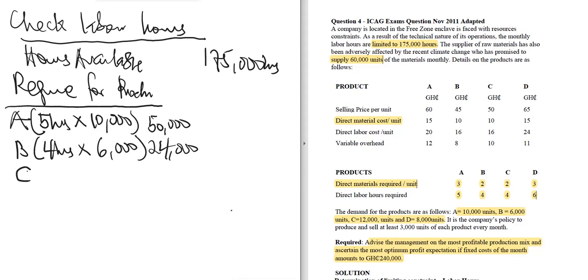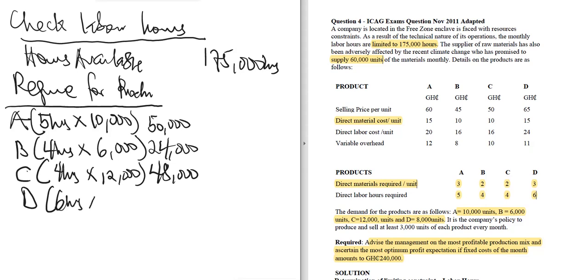For product C, we need also 4 hours, but we are producing 12,000 units. That means we have 48,000 hours. And then for product D, we need 6 hours, but we are producing 8,000 units. That means we also have 48,000.